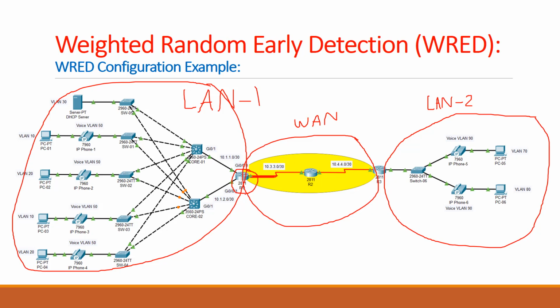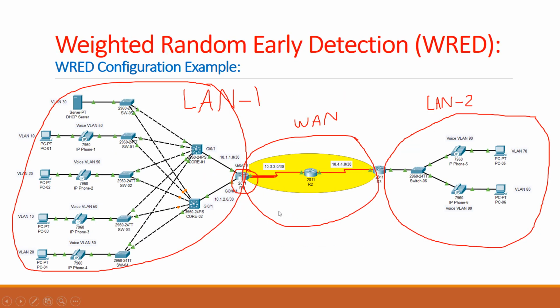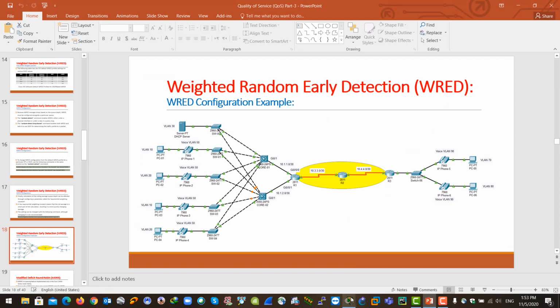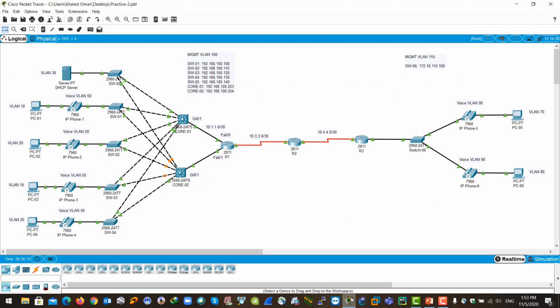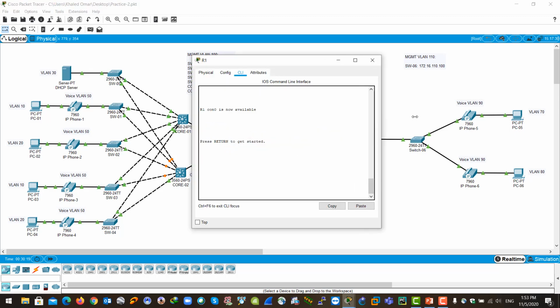So we will start the configuration on R1 by using weighted random early detection, or WRED. So let's go to the configuration. Actually, I prepared the same scenario exactly here. And let's go to R1 to start the configuration.